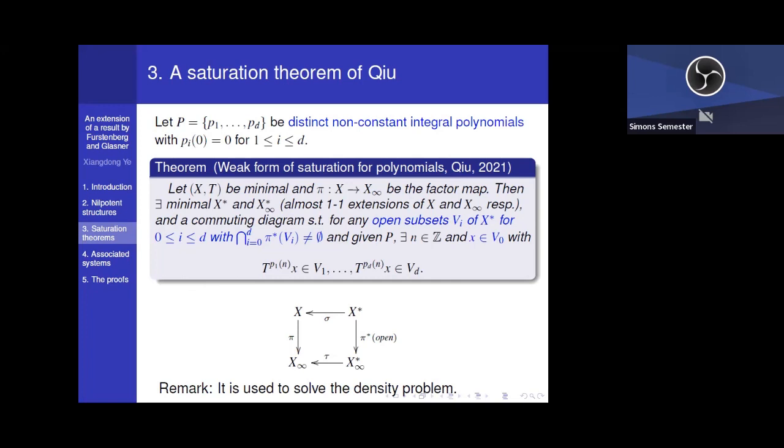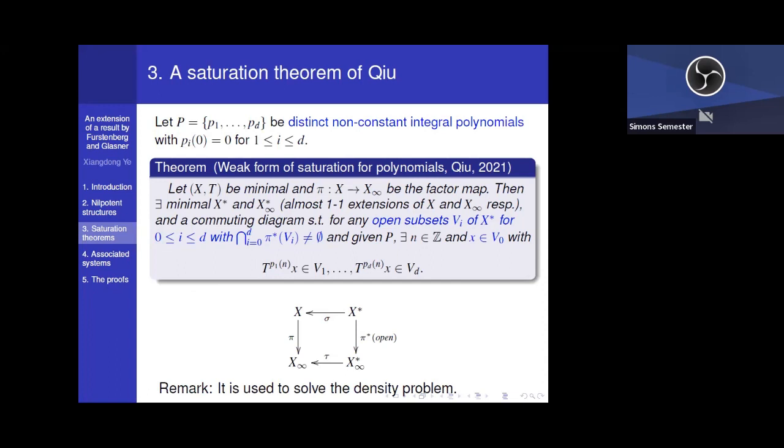But here he said, if you have open sets V_0, V_1, ..., V_d in the same fiber, then you can find some x in V_0 such that T^{p_1(n)}x is in V_1 and T^{p_d(n)}x is in V_d. Why do we call this a weak form? Since he didn't say there is a dense G_δ set that has this property.